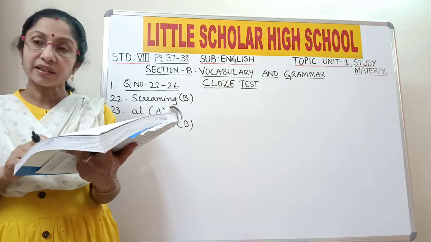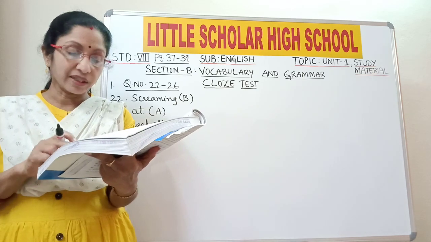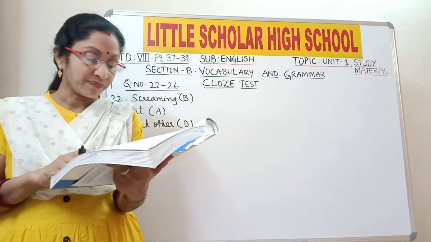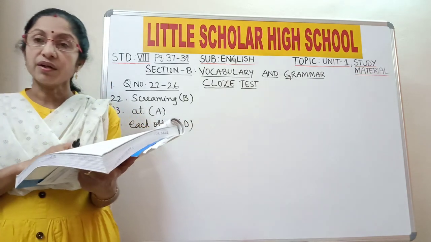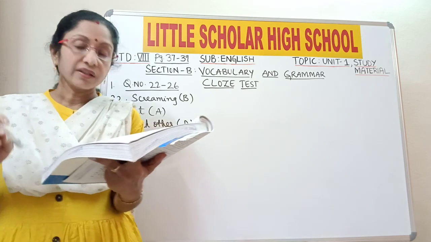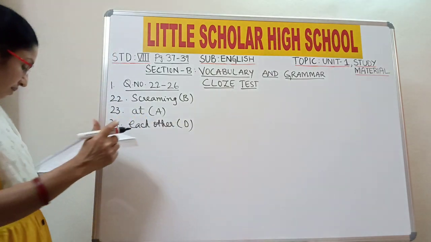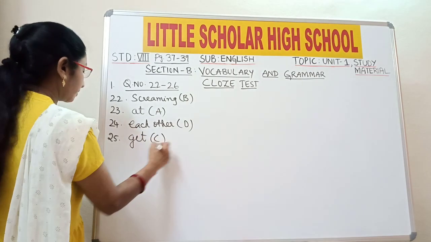The other verb cannot be in the past tense. So the right answer is tried to get. Get is in the present tense. Got is past tense. Getting is present participle. Gotten is the third form of the verb. So answer is get. They tried to get. Option C is the answer.